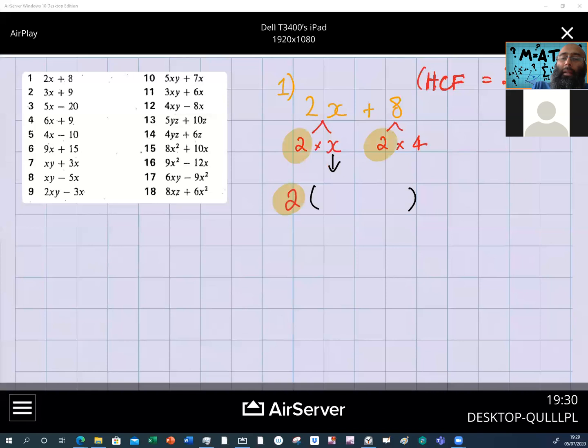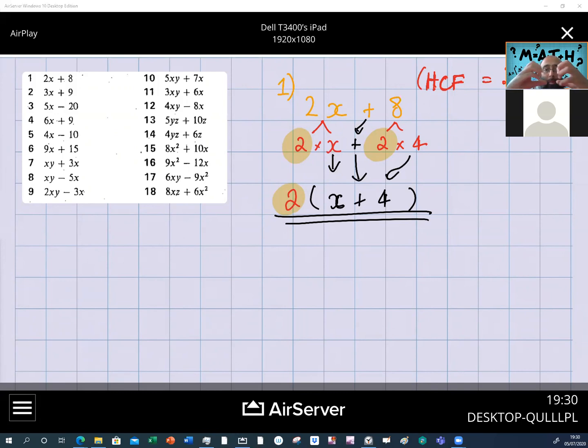We copy down the x. There should be a plus already here, so we copy down the plus. And we copy down the 4. So when we factorize by common factors, we are looking at each part of the expression and what they share. In 2x and 8, they both contain a 2. The 2 is visible in the 2x, and the 2 is invisible in the 8, it's actually inside.